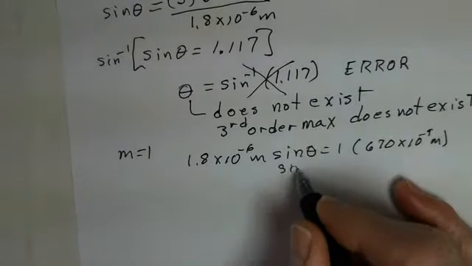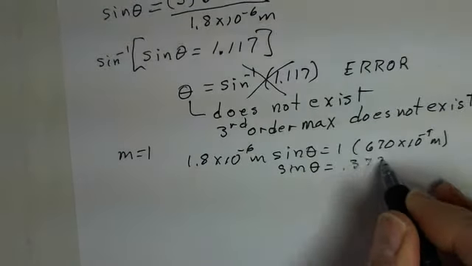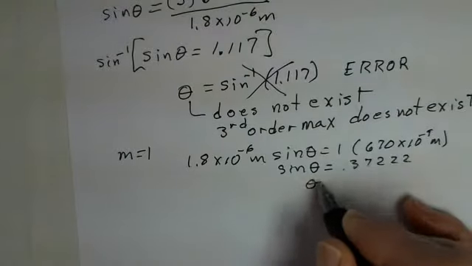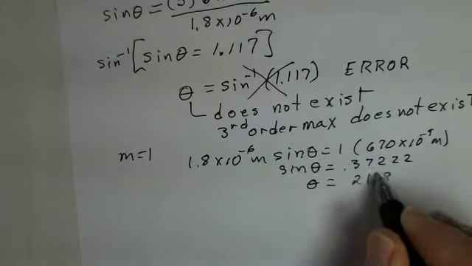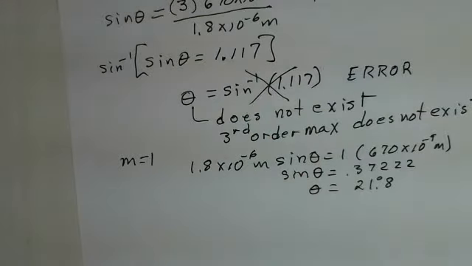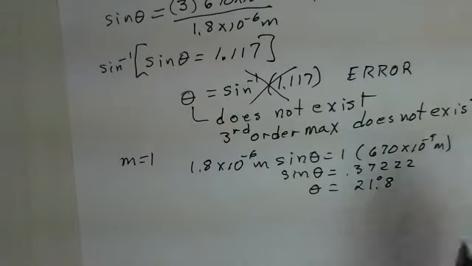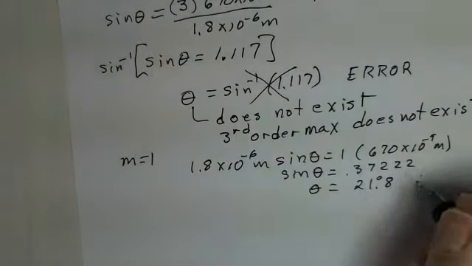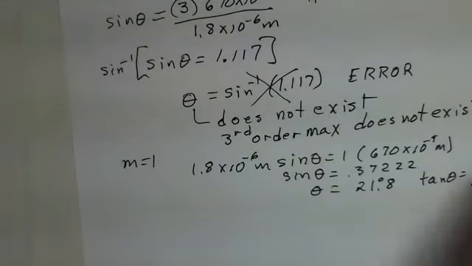Hopefully you have sine of theta of 0.37 and then a lot of 2's. Taking inverse sine, I came up with 21.8 degrees. That first order does exist. I'm not going to bother to calculate where it is on the screen. Put this into the tangent calculation, tangent theta equals y over L, and you can calculate the y.